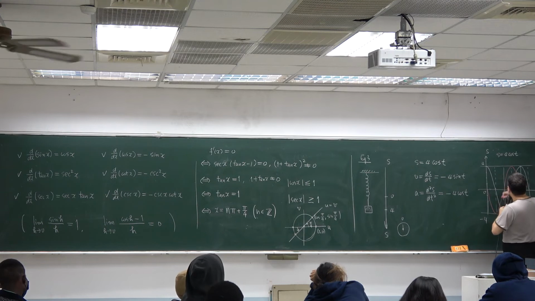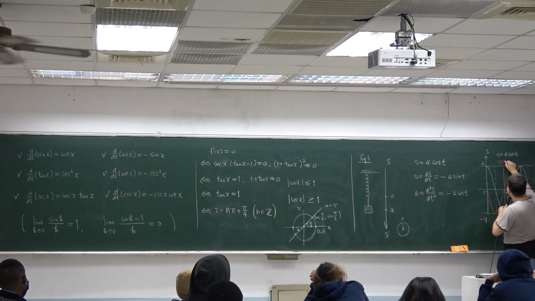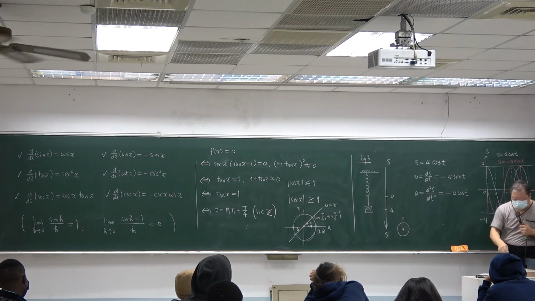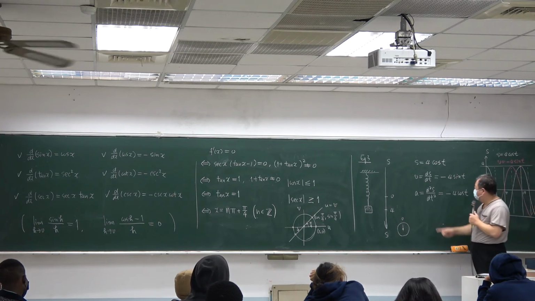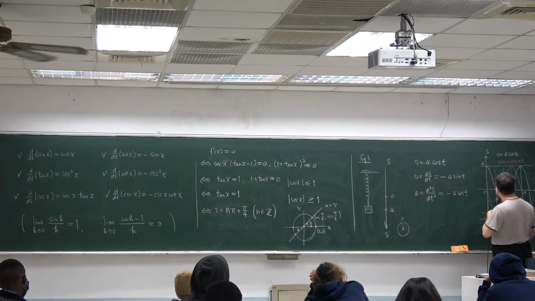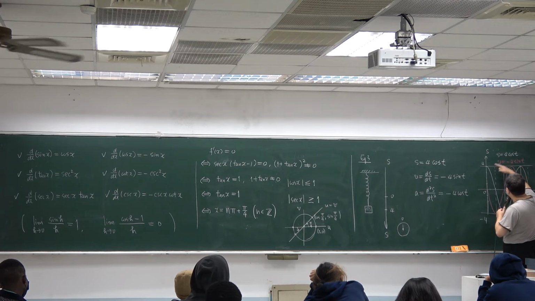So the red curve is v. And finally, for acceleration, minus 4 cosine t. This is 4 cosine t, and minus means reflect this curve about the t-axis.